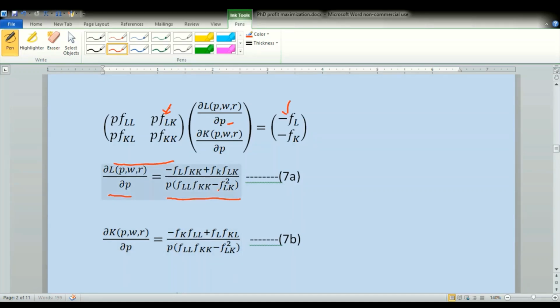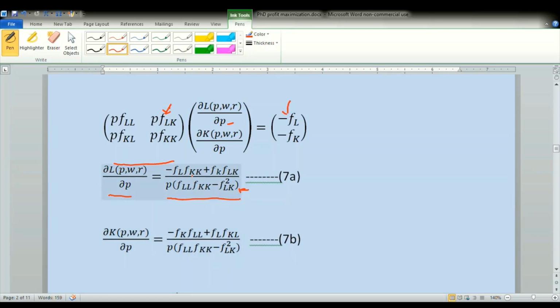We are interested in the signs of ∂L/∂p and ∂K/∂p. Now, if you look into the denominator, we have already discussed that the denominator is positive because FLL FKK minus FLK square has to be positive to satisfy the second order condition.